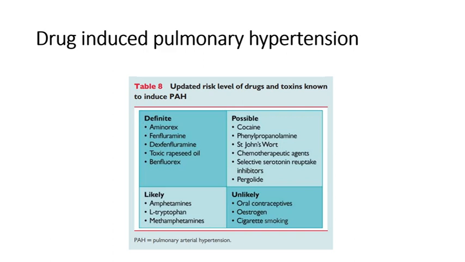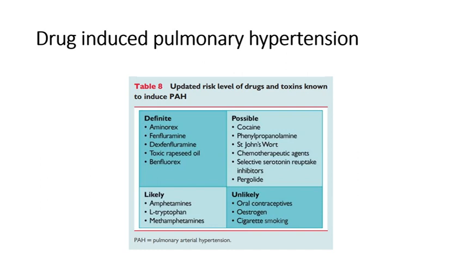A very important subset of pulmonary hypertension is pulmonary hypertension secondary to some drugs, called iatrogenic pulmonary hypertension. When the physician gives some medications to treat some disease, one of the side effects may be pulmonary hypertension. So we have four groups.